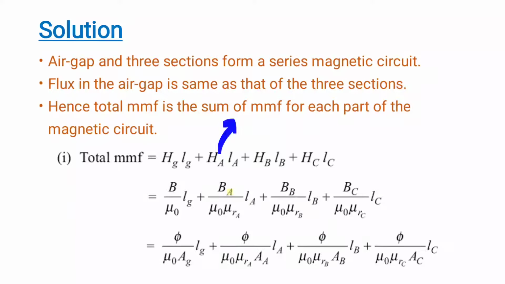B is also not given in the question, but flux is given. So B can be written in terms of flux, that is B is equal to phi by A. So now the equation will be like this. Now we know all the terms: flux, length of each section, permeability, and cross sectional area are all given.